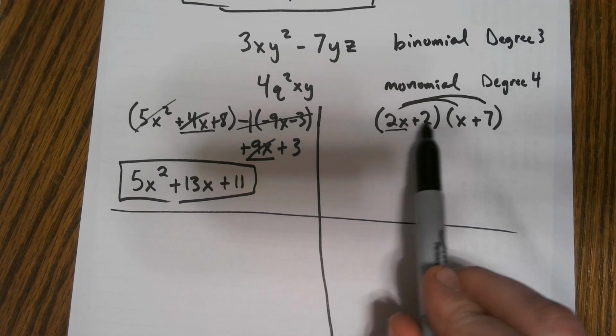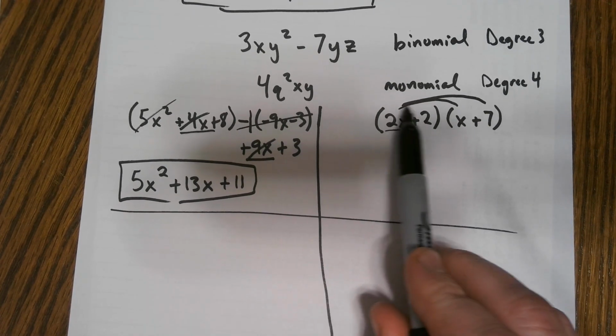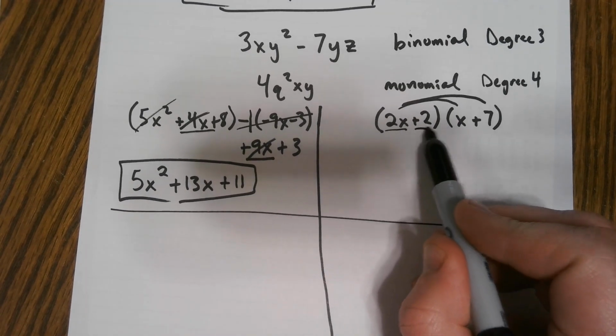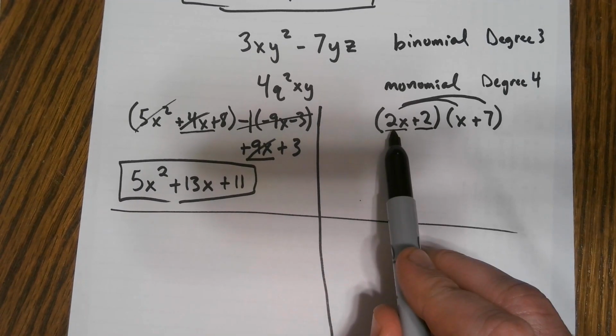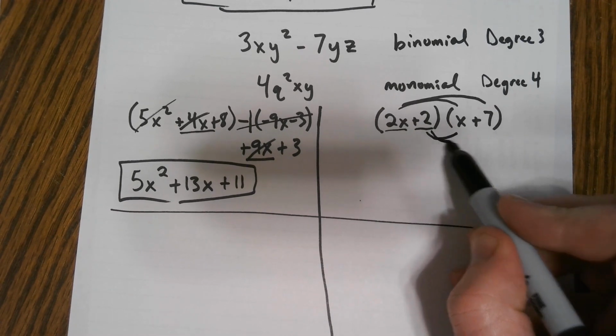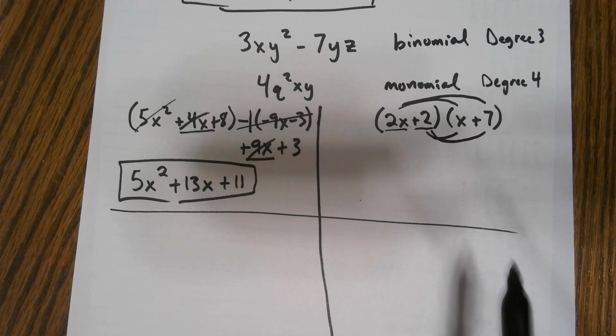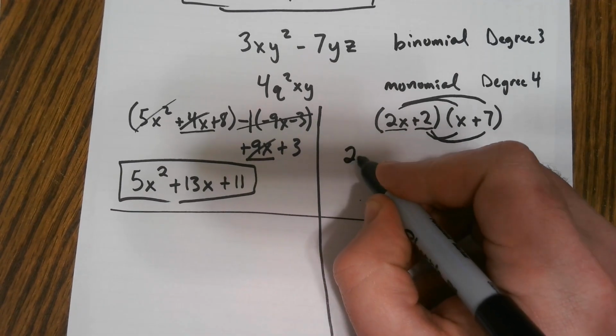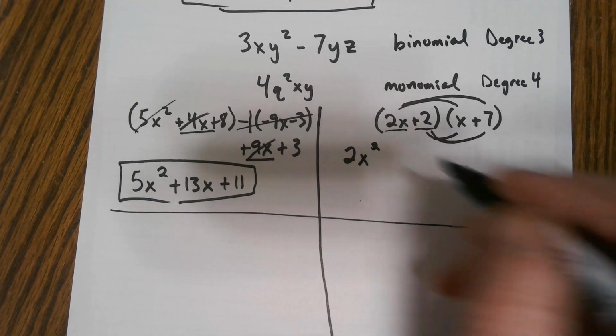Now, since there's two terms within this first thing that's being multiplied by that, I do have to end up distributing twice. So first I distribute the 2x, and then I'm going to distribute this positive 2. So I take 2x times x, I'm going to get 2x squared.